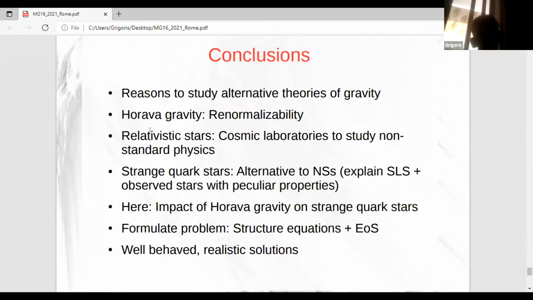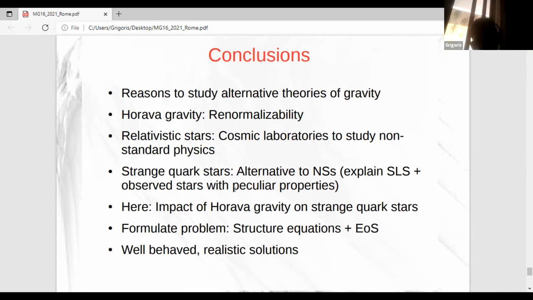So to conclude, there are good reasons to study alternative theories of gravity. One of them is Horava gravity, which, I think, the main reason to introduce it is to improve renormalizability, the UV behavior of Green's functions. Relativistic compact stars are natural, ideal cosmic laboratories to study and constrain non-conventional gravitational theories.